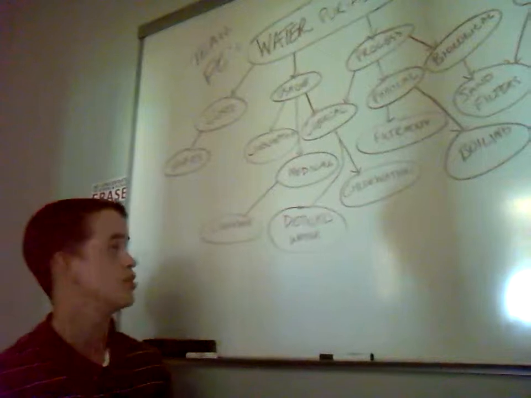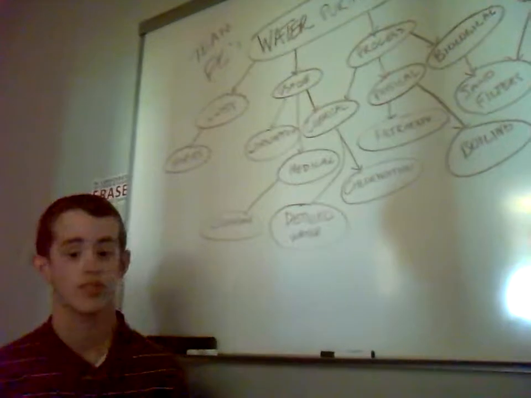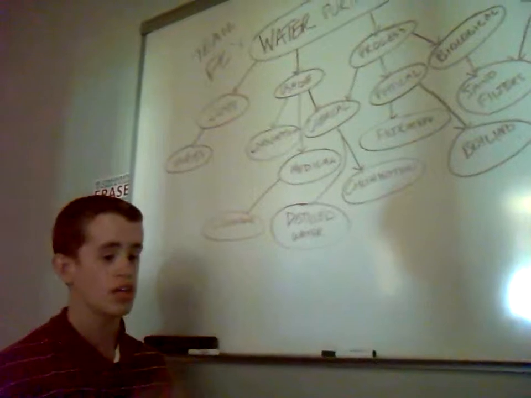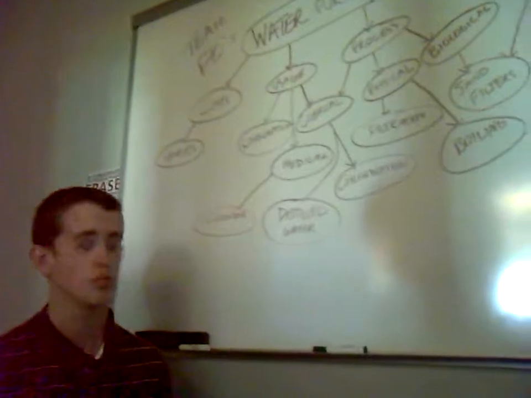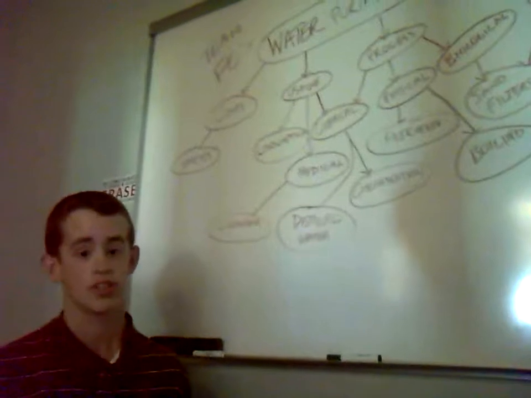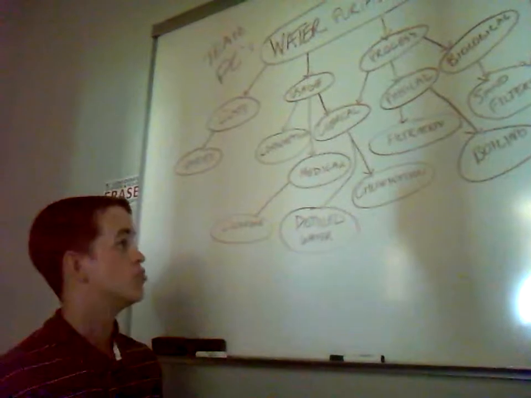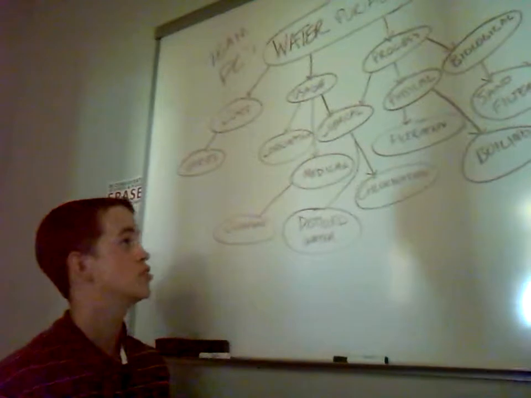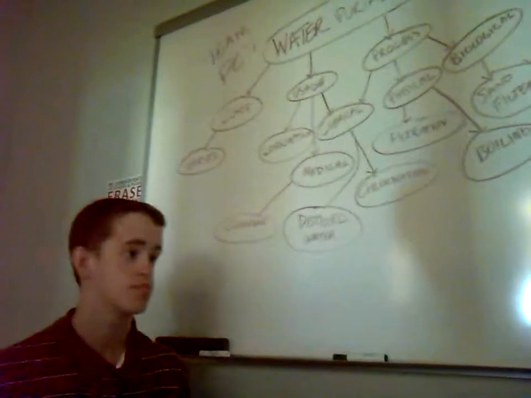Another, in physical, is just filtration, so running water through a filter that will remove any impurities in the water. Also in physical is boiling water. In biological, you have sand filters, as was just discussed.